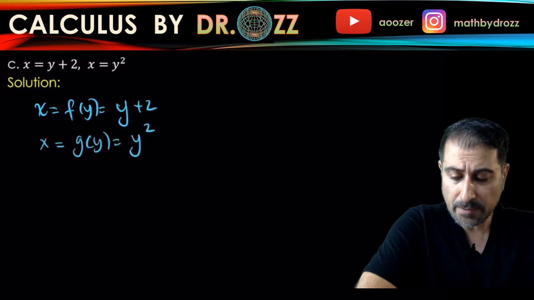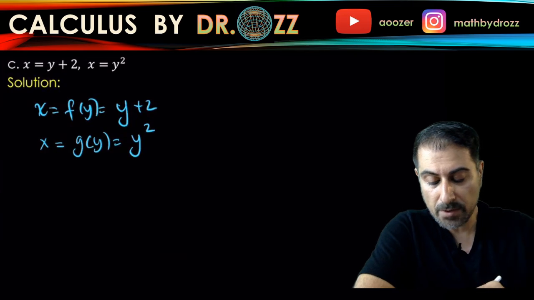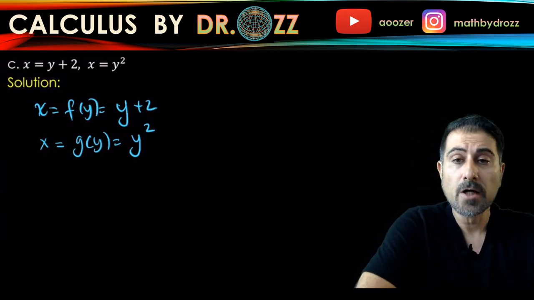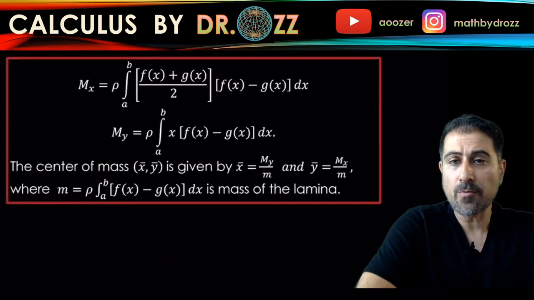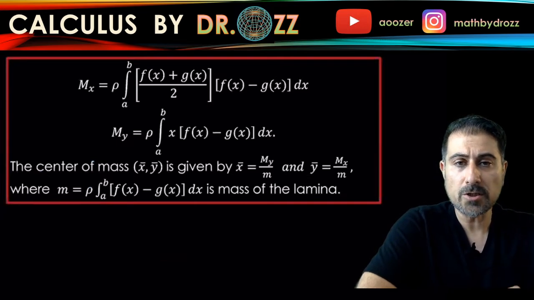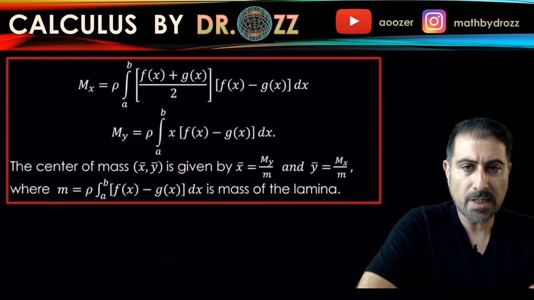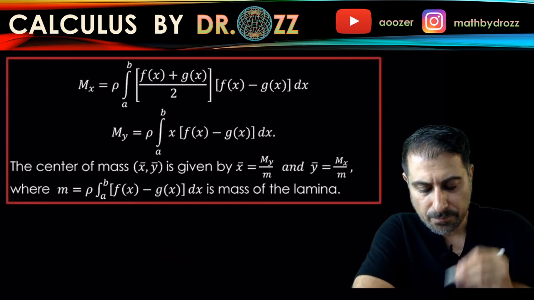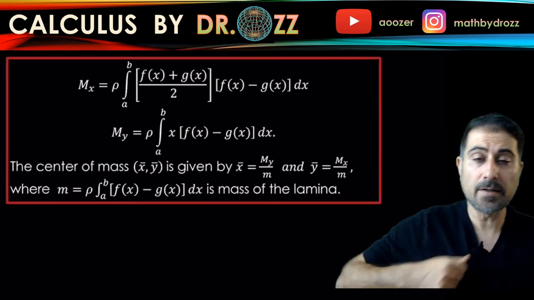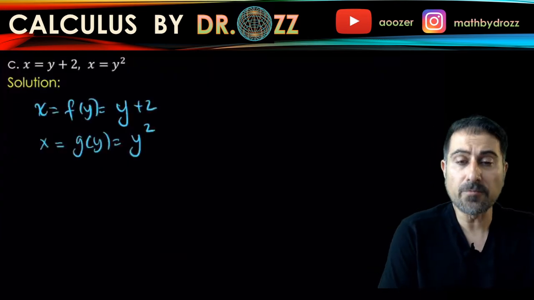So the formulas that we worked through earlier will not work anymore, because the integrals were written in terms of dx. Since now we are using the y formulation, we should consider the y formulation of the same problem. First, we're going to graph f of y and g of y, which are y plus 2 and y squared.